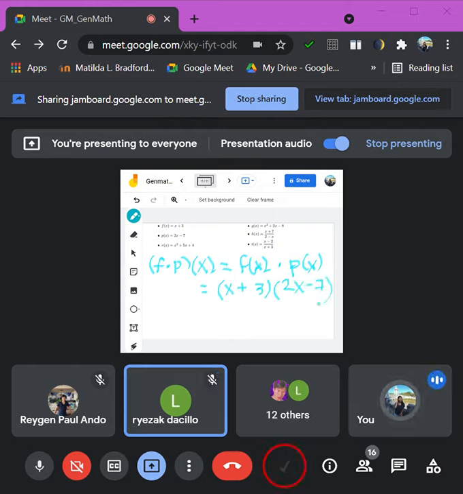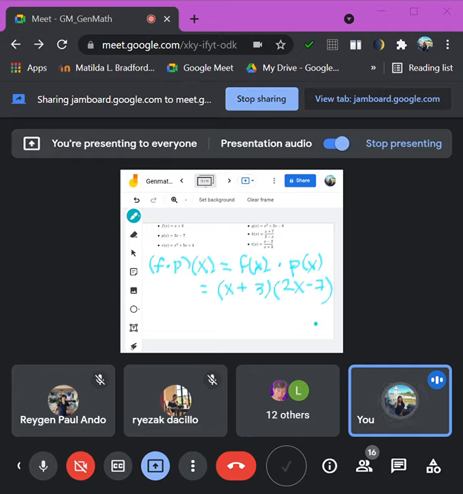Now, we can do multiplication already. How do we do that one? Using our FOIL method. Okay, pwede rata mag-FOIL method diretso. Now, you will have there x times 2x, pila? 2x squared. 2x squared.